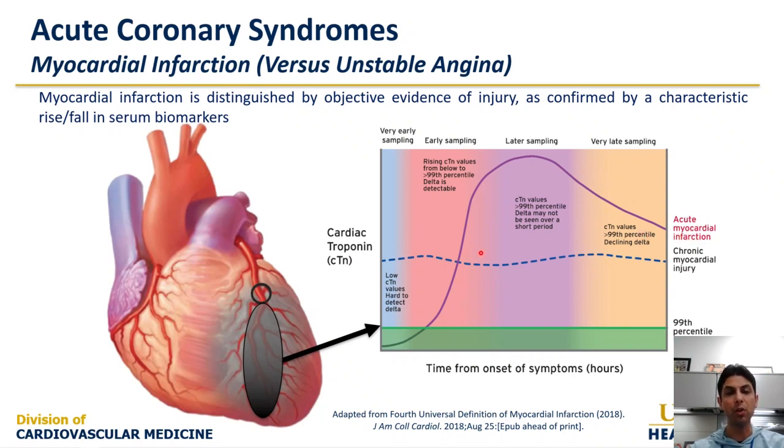Now, in certain situations, as we'll discuss briefly later in this lecture, patients have chronic myocardial injury, which is distinguished from this type of myocardial infarction in the sense that the troponin level is relatively stable, regardless of whether you draw it early or late.